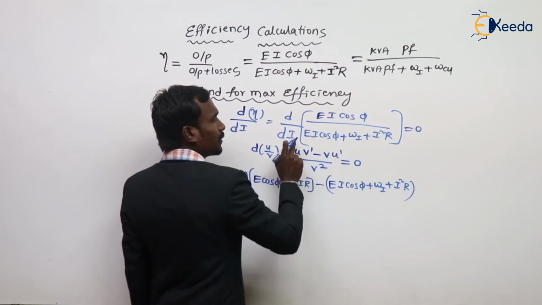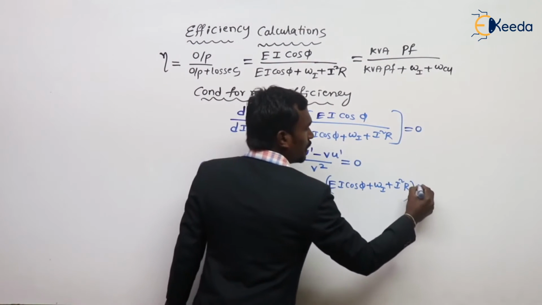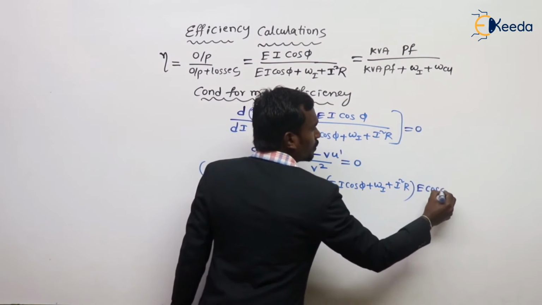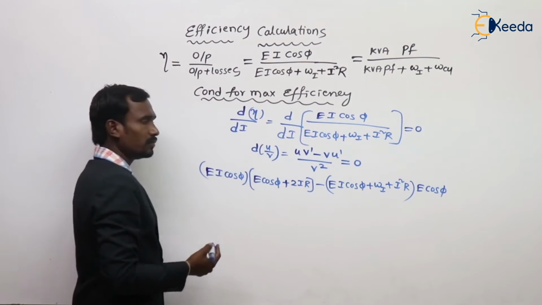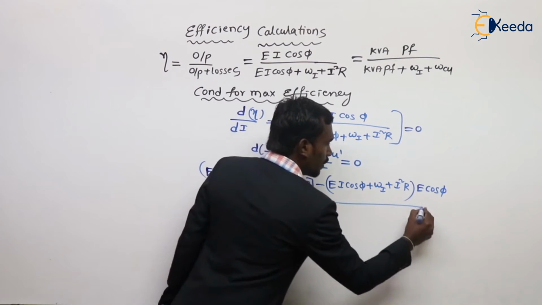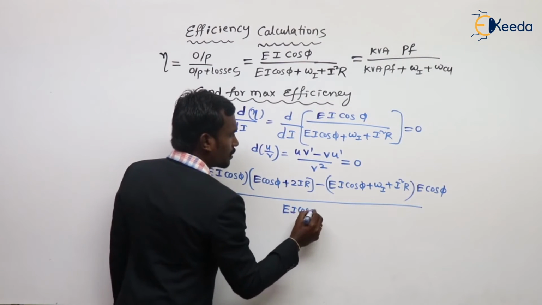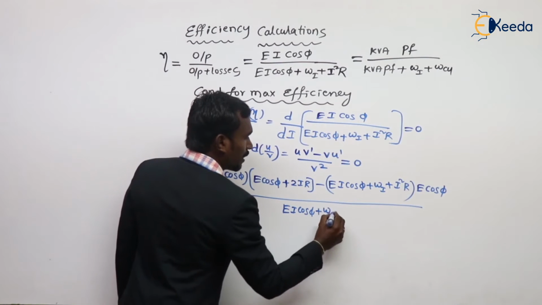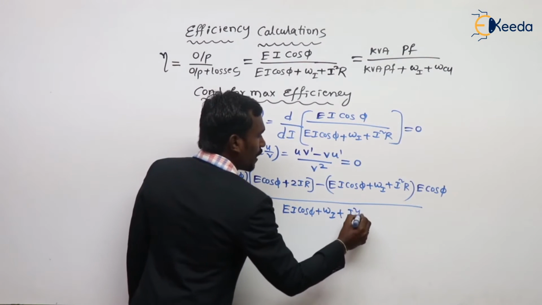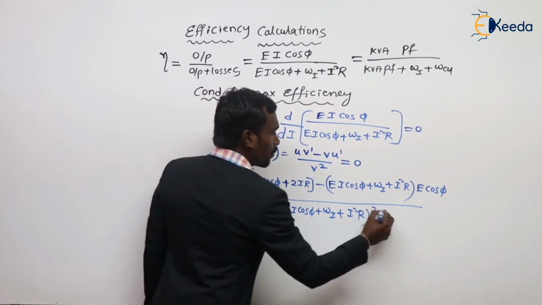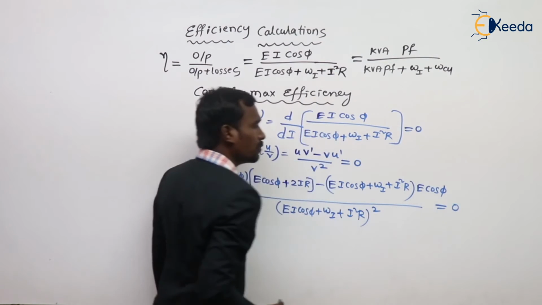What is U dash with respect to I? E cos phi. By V square, that is EI cos phi plus iron losses plus I square R losses whole square, equals 0.